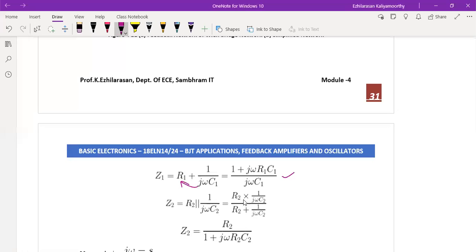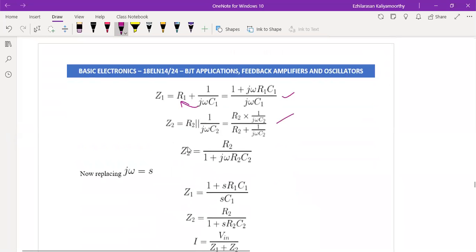So if this is parallel, it means R2 into 1 by j omega C2 divided by R2 plus 1 by j omega C2. Now we got Z2 also. Now Z2 is equal to, again you do the simplification of this, we'll get R2 by 1 plus j omega R2 C2.